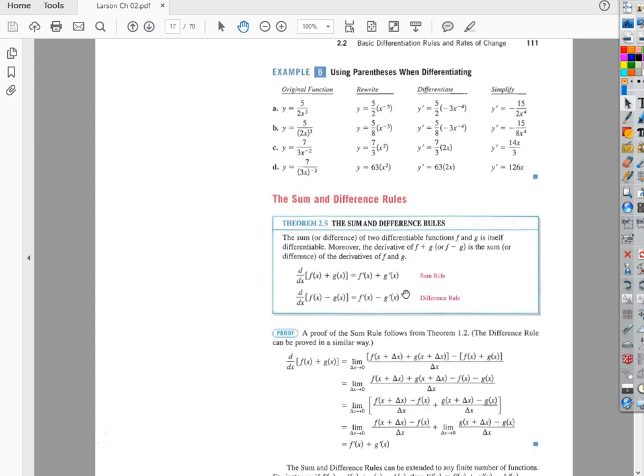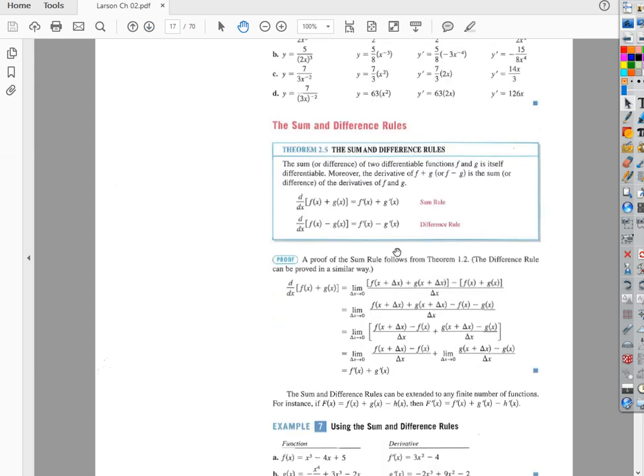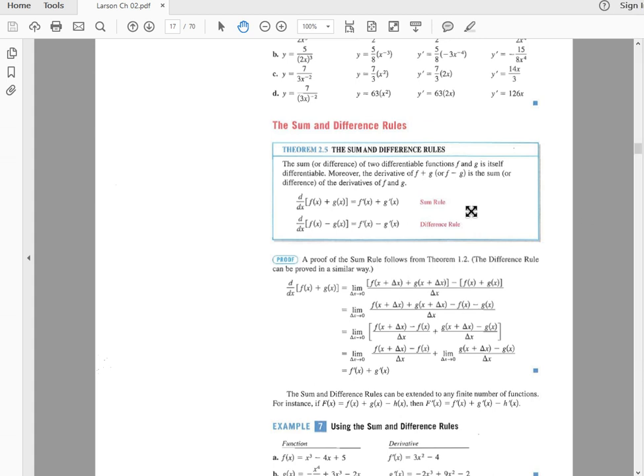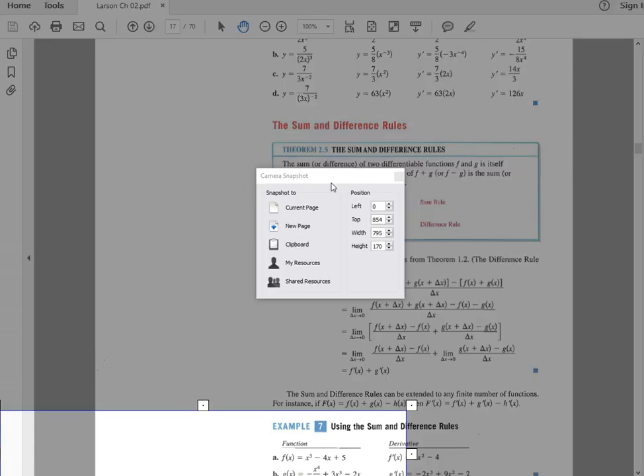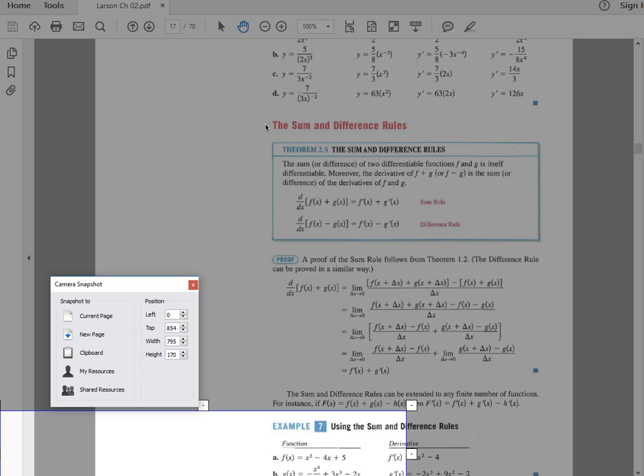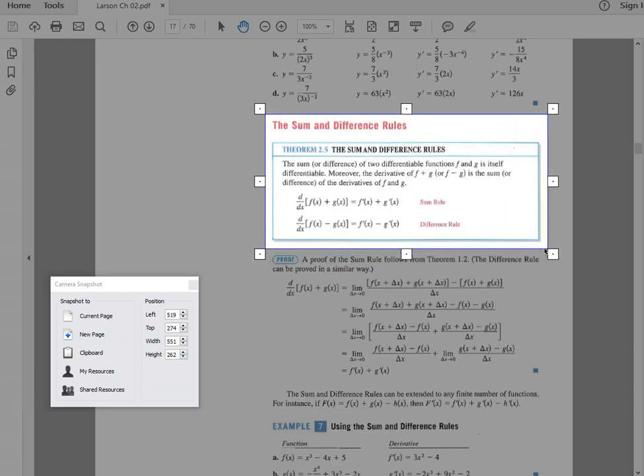Sum and difference rules. Okay, this is also stuff that I know you intuitively get, but I'd like you to read that within the context of a textbook too, just to see that officially we can do this stuff. If we're taking the derivative, what does this part right here say? Let's just focus on the importance of this little blue box right here.